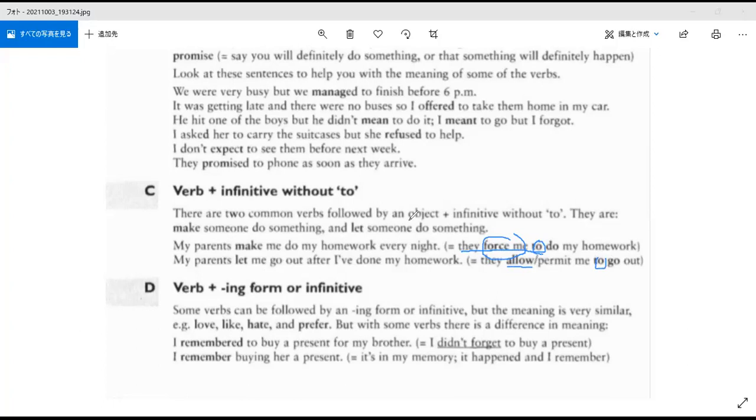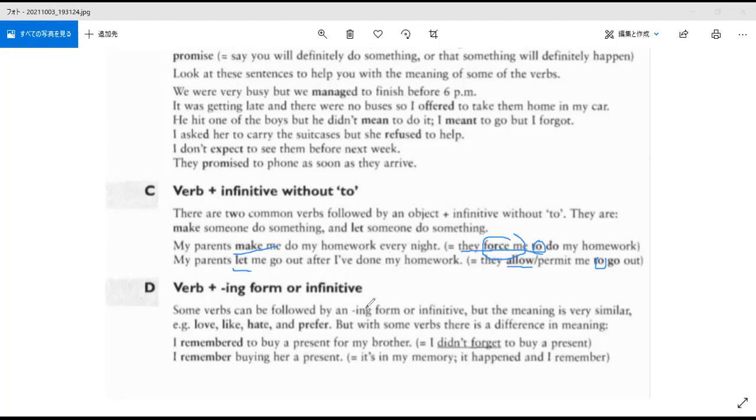If you don't want to use to, kalian nggak mau pakai to-nya, you need to try to think of a sentence or a word that can replace this force me to. Like in here it's make, and then allow to is replaced by let. And then this verb in form or infinitive.